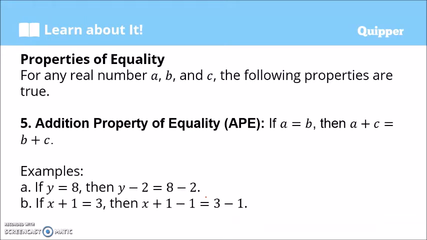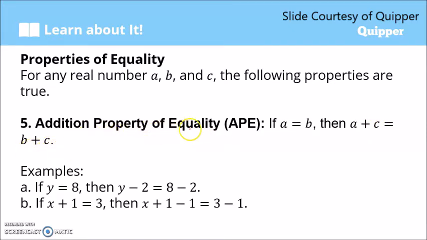Next property of equality is the addition property of equality, or APE. Ano? Yung mga ninuno natin. APE. Addition property of equality. It states that if A equals B, then A plus C equals B plus C. Paano ba yan?